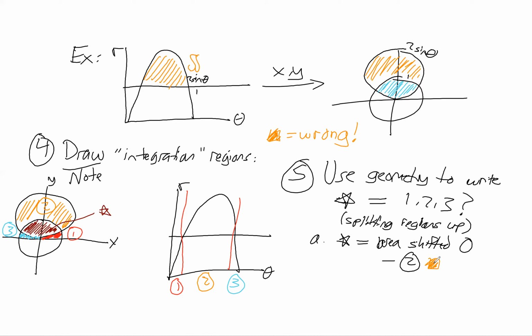Okay, but we could also do it another way. We could do it as half the area of the r equals 1 circle minus the piece near 0 and minus the piece near pi.